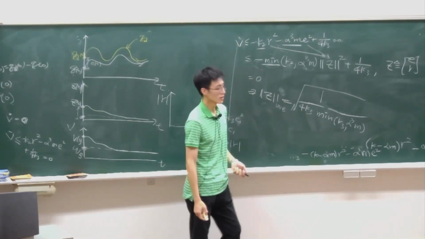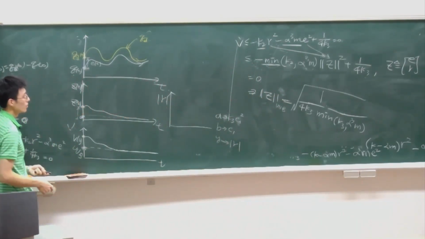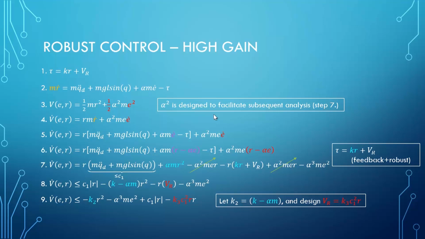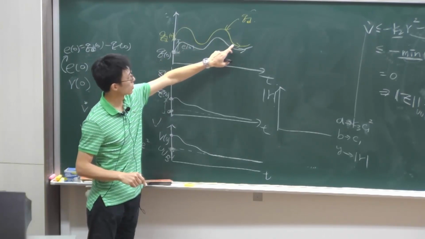It means if you increase your control gain, K3 which is in VR, this value will decrease. So you can make your Q closer to QD.